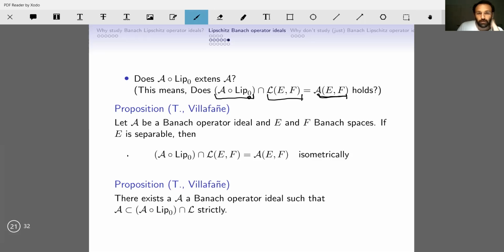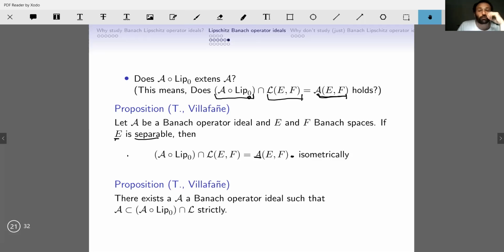Well, with Roman Villafañe, we showed that if E and F are two Banach spaces and the domain is separable, then we always have this equality. Recall that the open question of the nonlinear geometry is whether two separable Banach spaces that are Lipschitz isomorphic must be linearly isomorphic. So in the case of separable spaces, we can always extend properties determined by linear operators to the Lipschitz mappings.